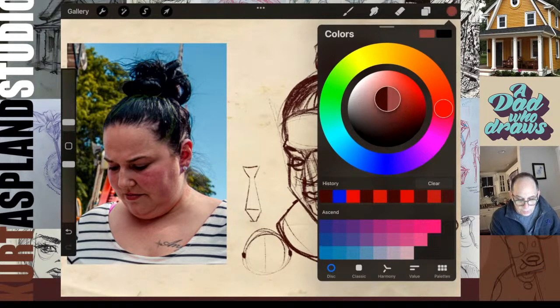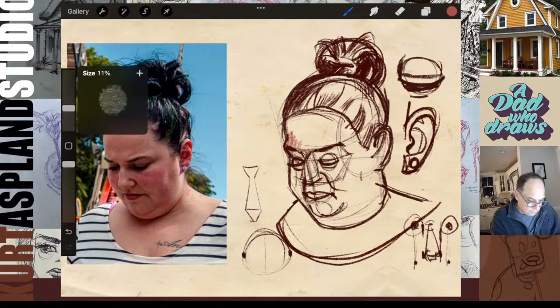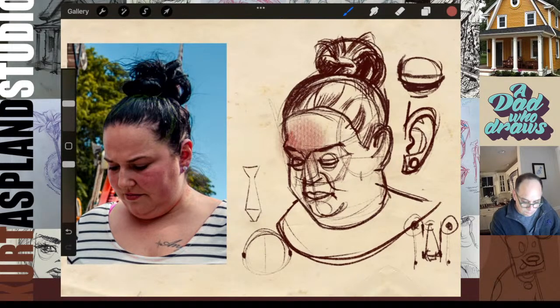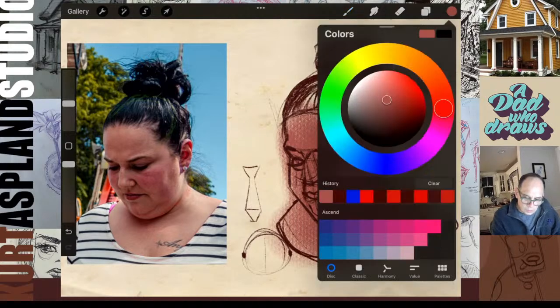So let's start off with a mid-tone. Now it will be a matter of just going lighter and darker. So I could go up in this angle here.